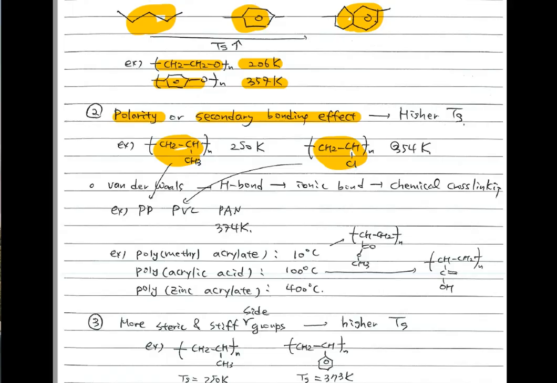That's why PVC has higher Tg compared to polypropylene. In terms of molecular interactions, compared to van der Waals interaction, the effect of hydrogen bonding is larger. Compared to hydrogen bonding, ionic bonding is much larger. That's obvious, right? And chemical cross-linking has a much larger effect on glass transition temperature.